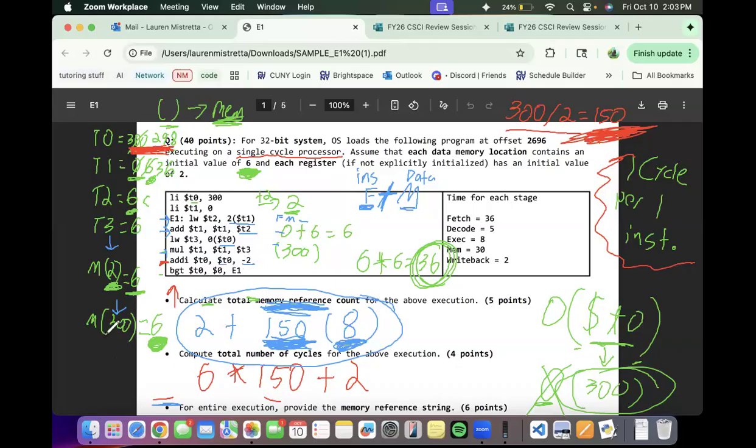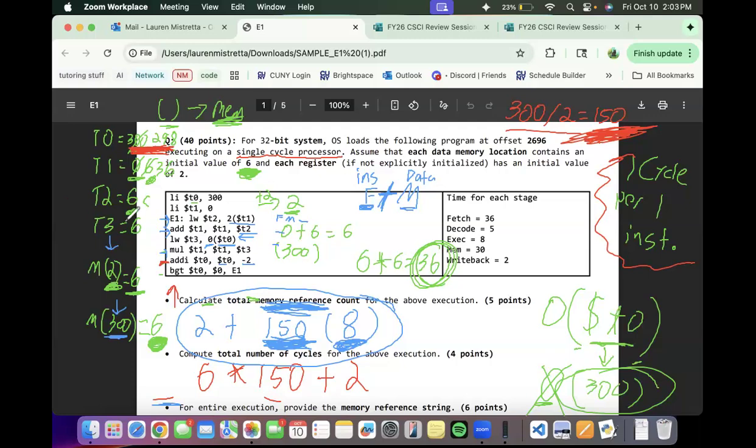So the first time we did this, it was mem address 300, and there was no offset on this 0. Okay, cool. So every time I loop this, I know it's going to be 300, 298, 296, etc. Every time that I get a memory address, it's based on whatever T0 is, so whatever T0 is will also be what my memory reference string is.